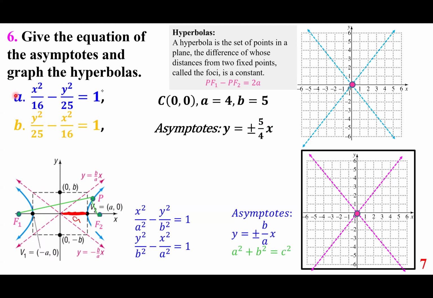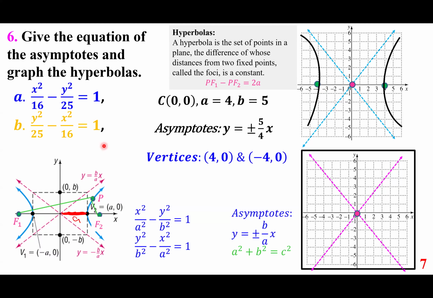So if we go with this one, the vertices are along the x-axis and they open sideways. So for this one, the vertices are at 4, 0 and minus 4, 0, and then you graph it. And you're done. The first part is done.